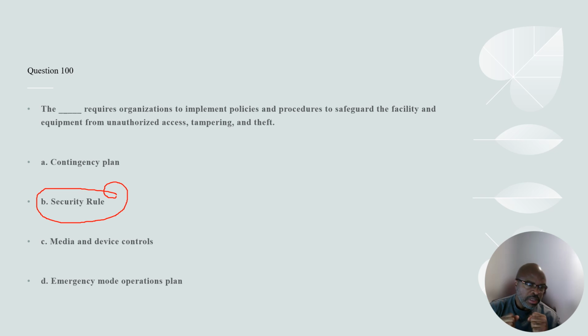So the most important factor here is to make sure that health information is protected at all costs, and some policy and procedure must be in place to protect health information by an entity.